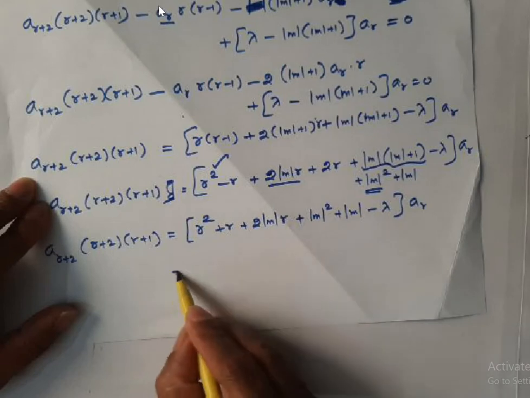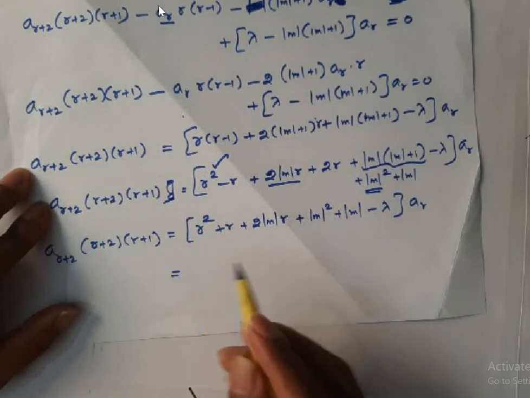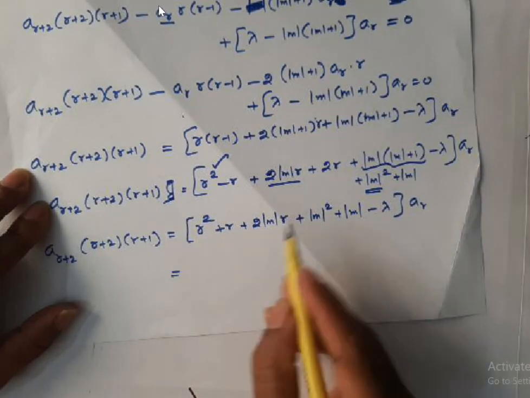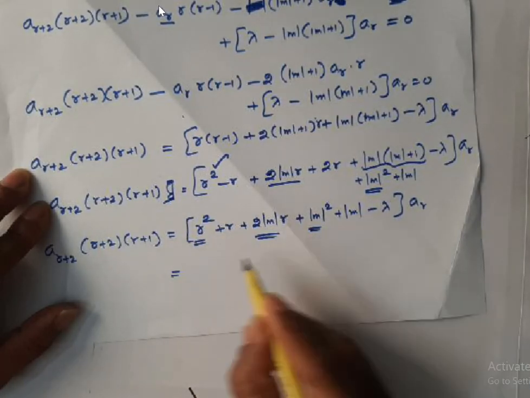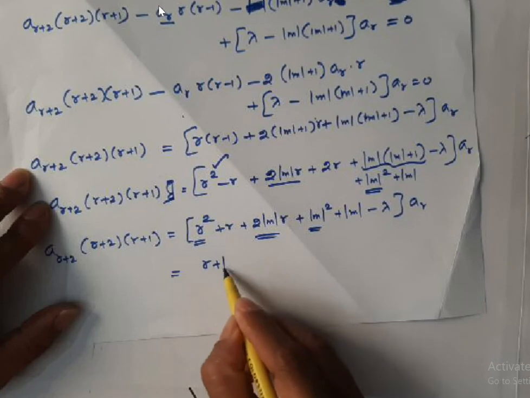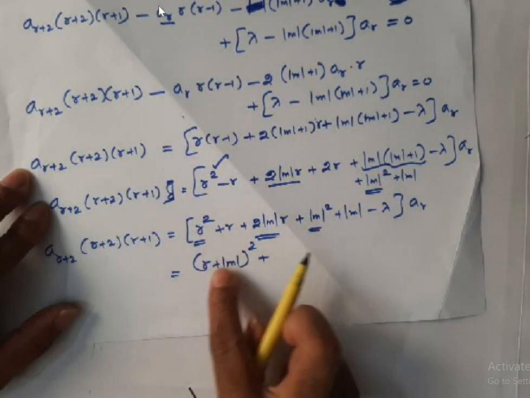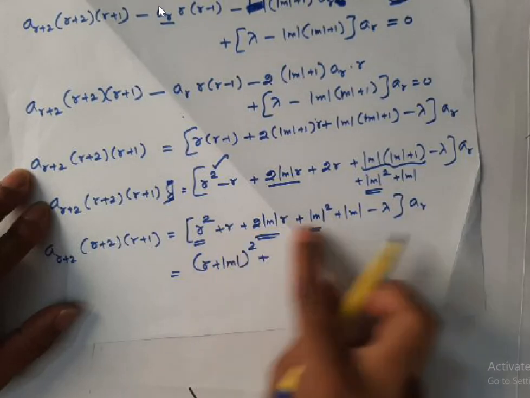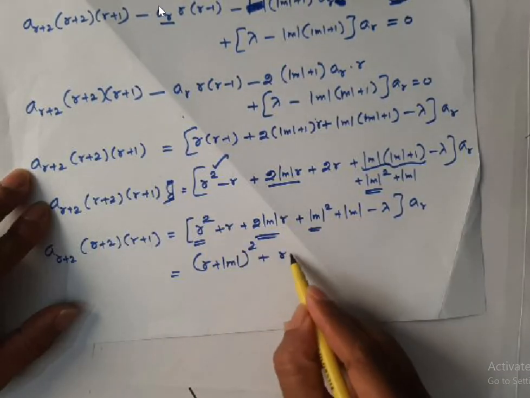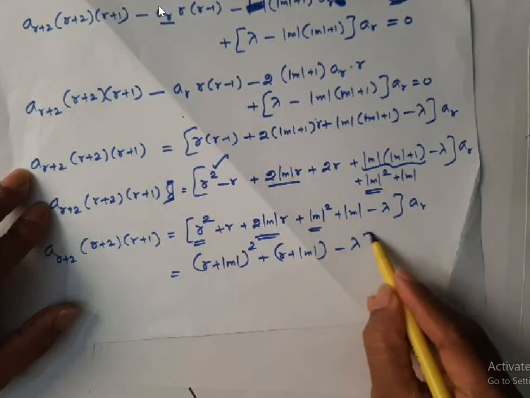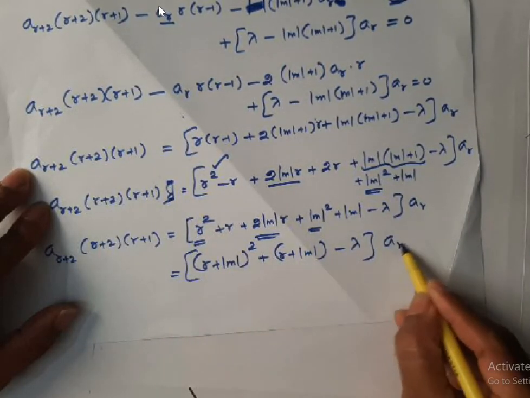Now what I'm going to do is take this term and this term, which is nothing but r plus m the whole square, a plus b whole square. And the remaining term r plus m is there, and we have minus lambda term into ar.